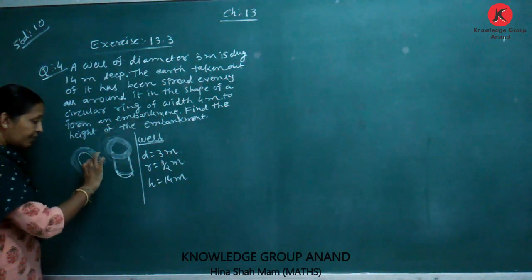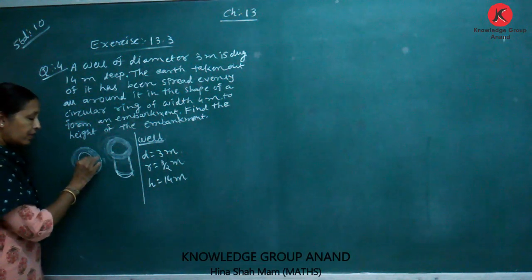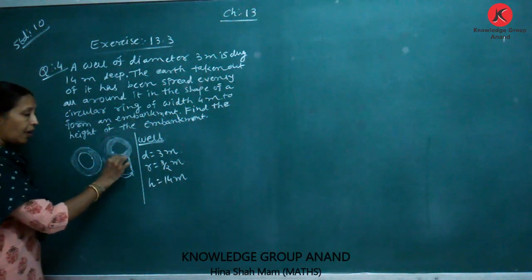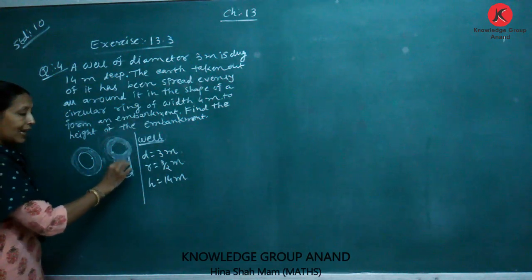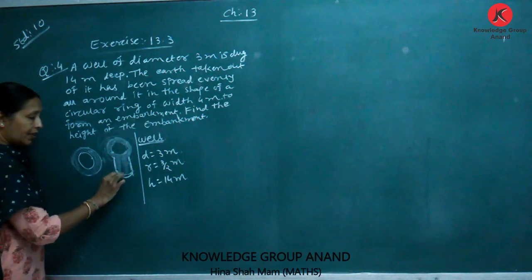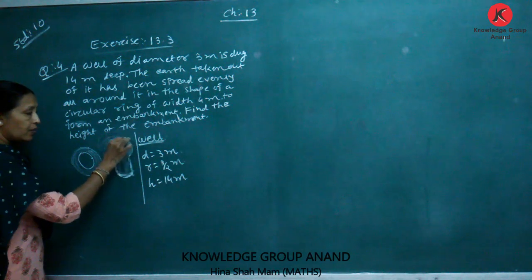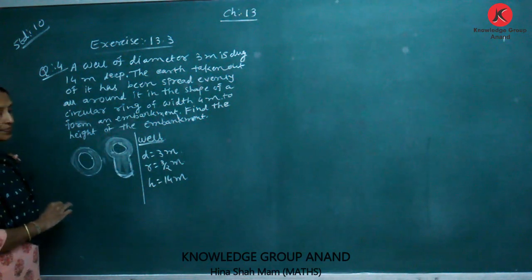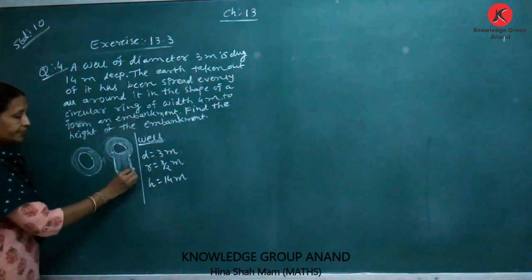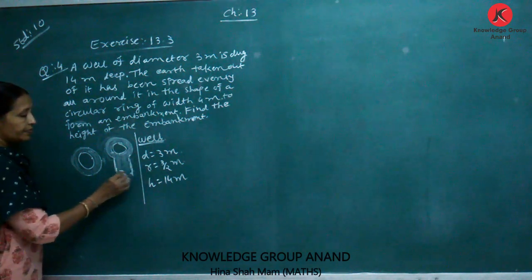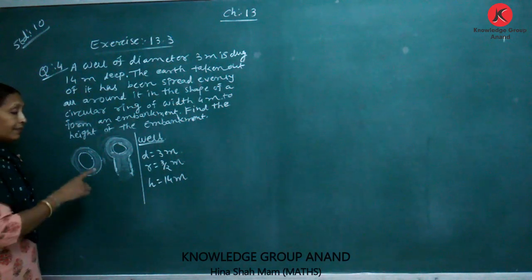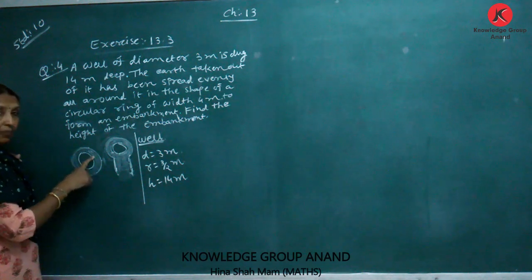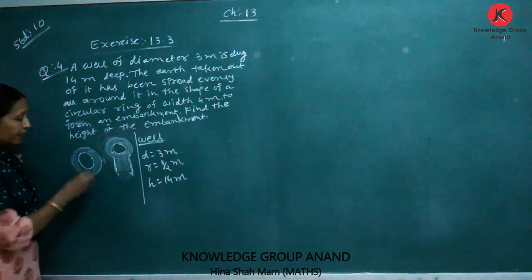First we find the volume of this embankment, which is equal to the volume of the earth taken out from the well. Find the volume of the embankment.